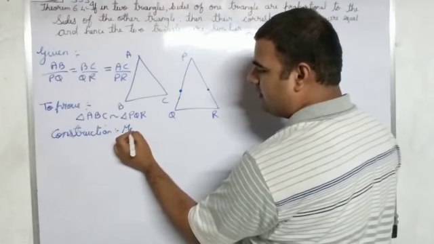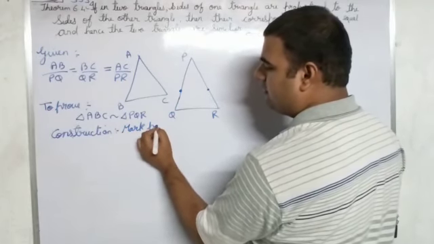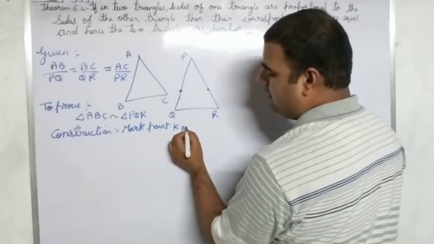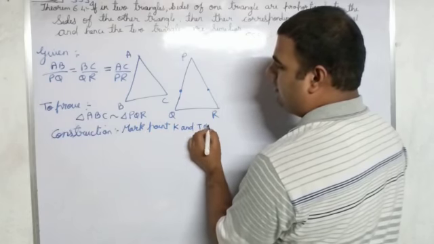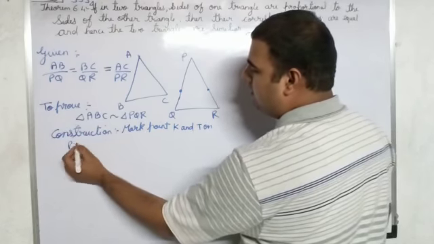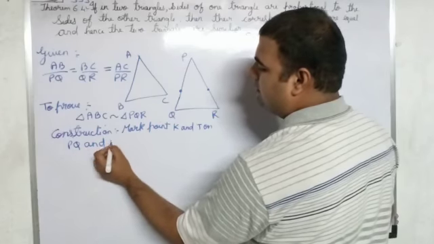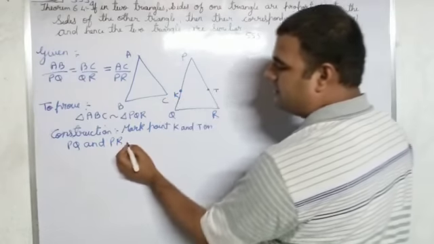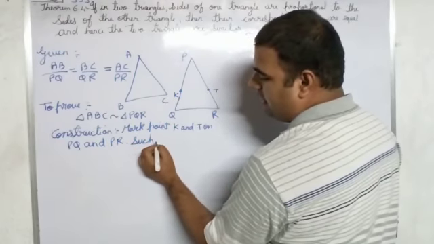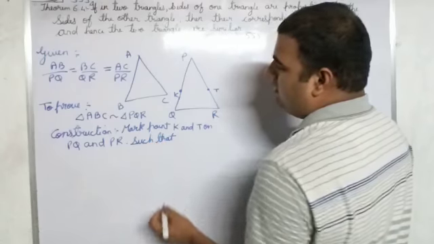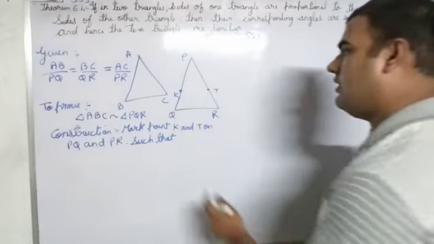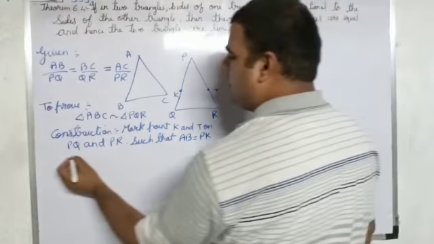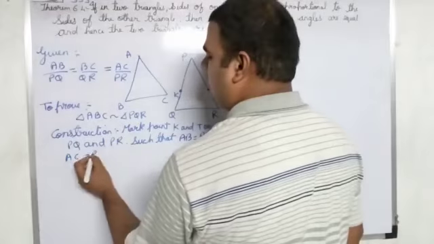So mark points K and T on PQ and PR, so you have K and T such that AB equals PK and AC equals PT.